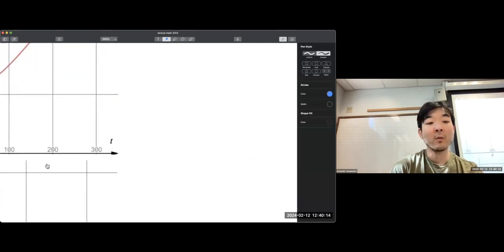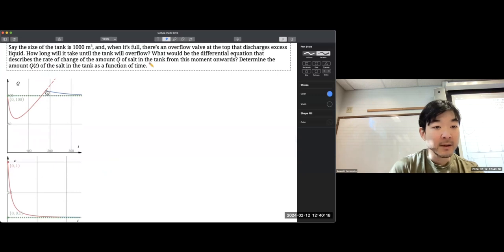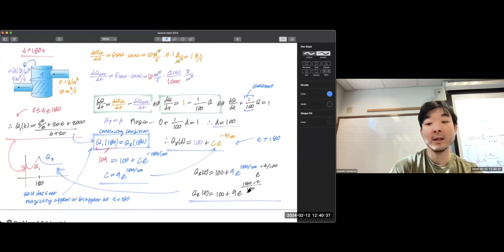So around 180, something happens, where the dotted line shows what would have happened if the tank was infinitely large. But since we're not letting it be, you're going to discharge all the extra liquid coming in. And the blue graph is the same graph that we had gotten right here, but it's going to connect right where the red graph left off.